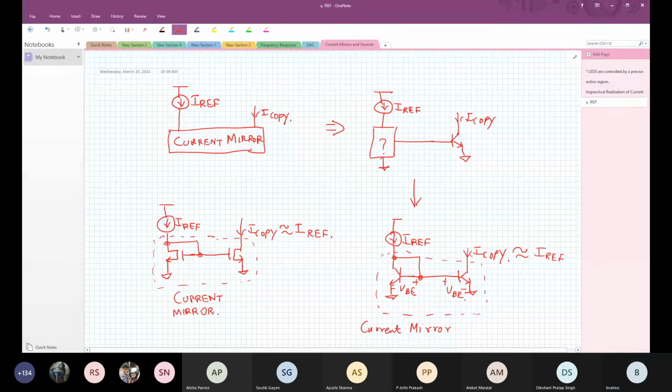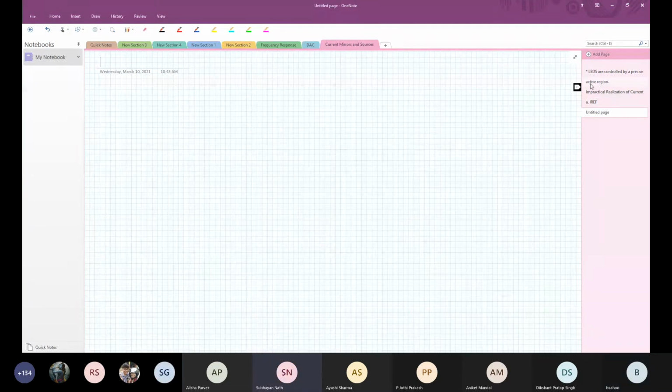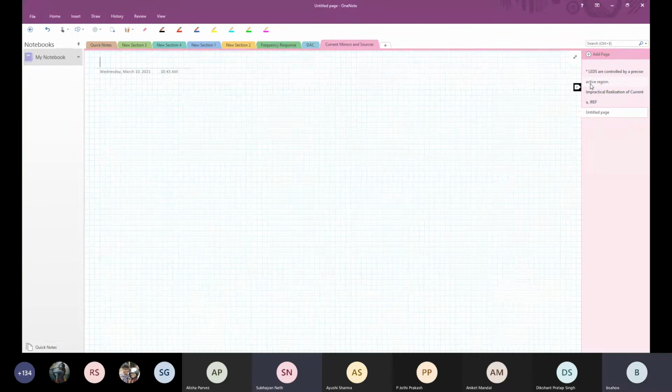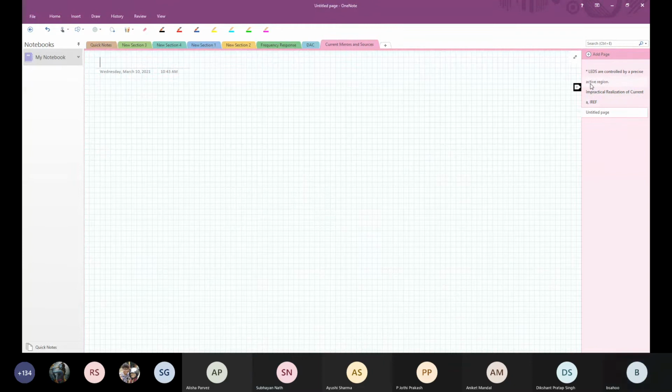Okay. So again, now. Sir, in case of MOS, the I copy is actually equal to IREF, right? We will get there. So let me first define.